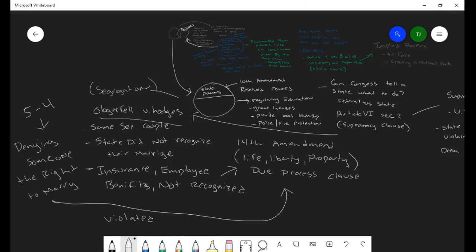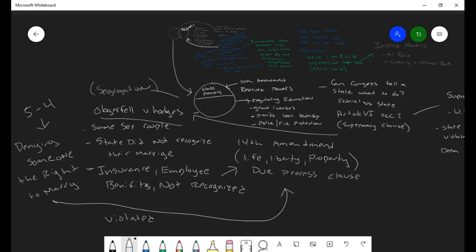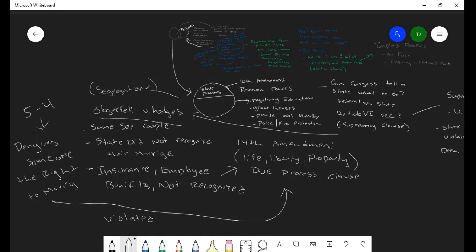All of those laws against gay marriage, or not issuing marriage licenses to same-sex couples, were deemed unconstitutional using the Supremacy Clause, because if it's unconstitutional, states can't do it, right? Using the Supremacy Clause and the 14th Amendment, it showed that denying someone a marriage license is denying them due process, that life, liberty, and property.